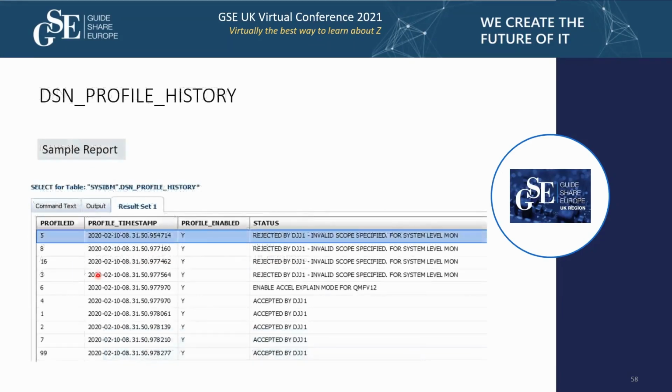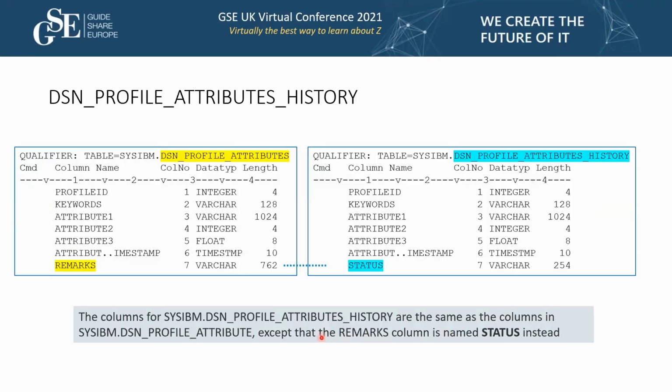And the same, okay, this is a report extracting some rows from the profile history. You can see on the left the profile ID number, activation time, and the status at the time, rejected, and the reason why, or accepted. Same for the attribute table, we have a similar history table. Again, instead of the remarks column, we have the status column.